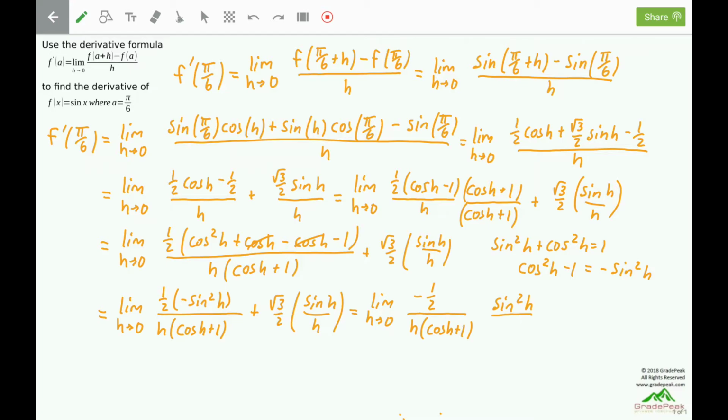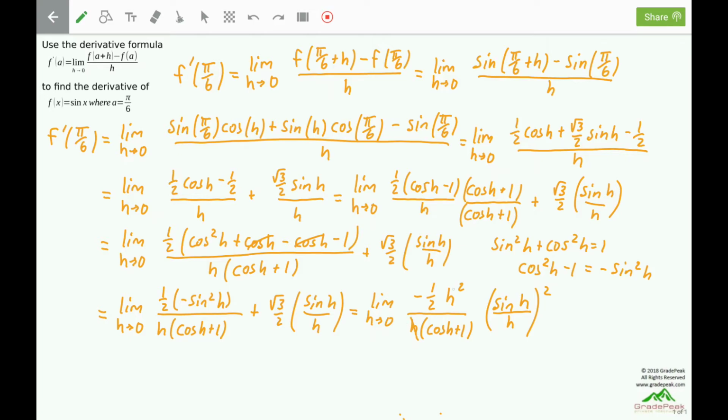Now what we can do with it is write it, since it's sine squared h, we can say sine h and then quantity squared. But I'm going to isolate it so I can put in by phase matching. I'm going to put an h in the denominator. Now it's quantity squared, so it's an h squared. I'm going to compensate by putting 1 in the numerator of the other part of the fraction. So now I have the perfect form for the identity that will limit to 1 in the parentheses there.